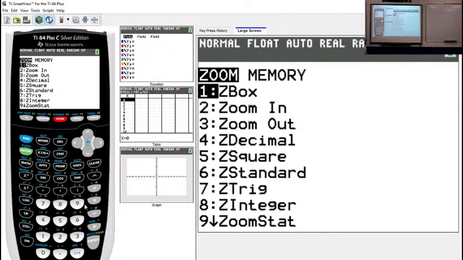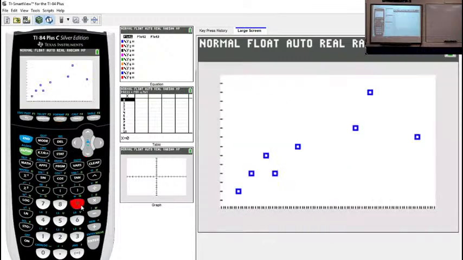Then you're going to go zoom 9 for zoom stat. And that's what your scatter plot should look like. So you should have done this before. That's just making sure you know how to make that scatter plot.